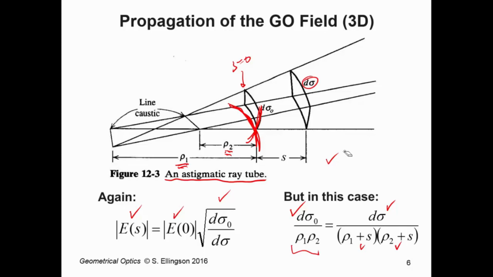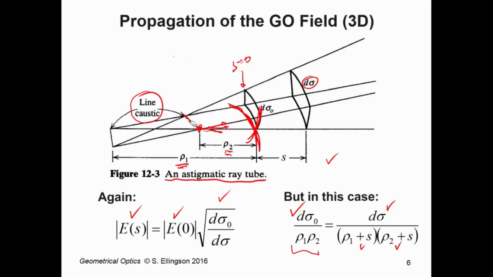There's another thing that pops up here, and I should mention it, this idea of a caustic. A caustic is any point in a field in which an infinite number of rays is expected to traverse. For example, here we have a point where we see that an infinite number of rays must go through that point. So that's referred to as a caustic.